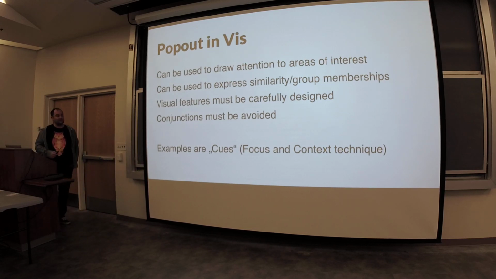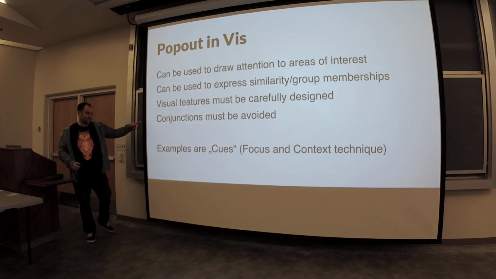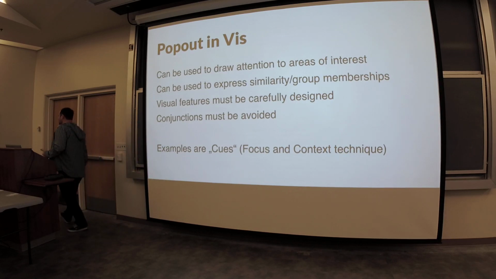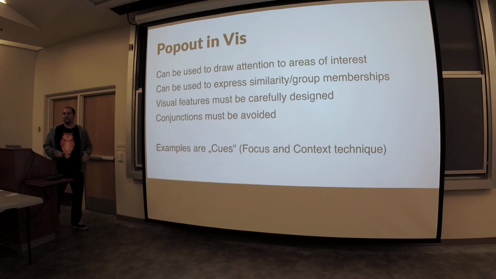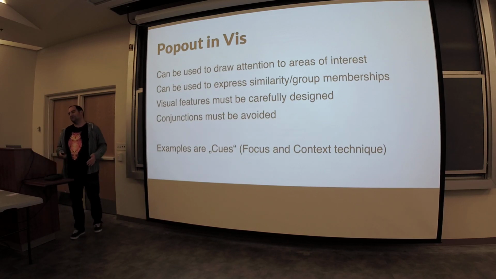I'll show some examples of that later. But essentially, you also need to avoid conjunctions. And so this pop-out property is one of the reasons why when I design visualizations, I try to absolutely limit my use of color, because then I can use highlights very effectively. Compared to if I have a very colorful visualization, how do I do highlights later?